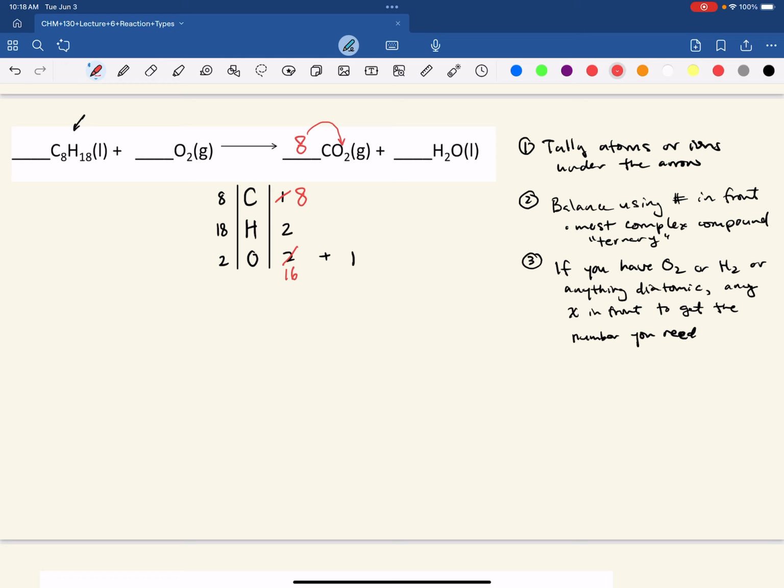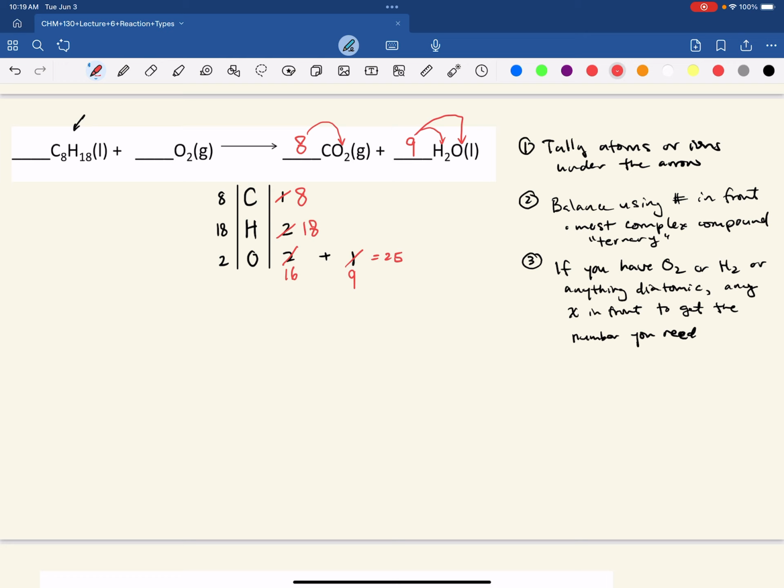Now we're going to go ahead and look at hydrogen. Hydrogen is 18. I obviously need to multiply this by 9 because 9 times 2 is 18. So this gets me 18 hydrogens, but it also affects this oxygen, which is now 9. Okay, so if you are counting along with me, 16 plus 9 is 25.